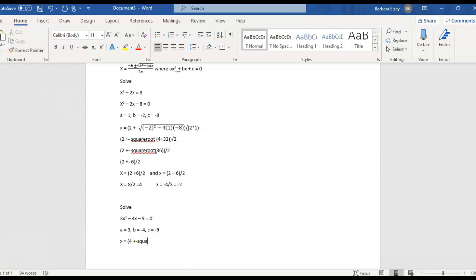Again, I'll just type it instead of using the equation editor. B squared will be -4 squared, minus 4AC, 4 times 3 times -9. And then all of that will be over 2 times A, 2 times 3.